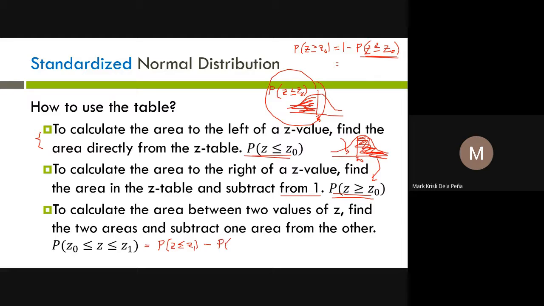So that would be P(z less than or equal to z sub 0). Whichever has a greater value would be on the first term, and the one which has a lesser value would be on the second term. So to calculate the area between two values of z, find the two areas, and subtract one area from the other.